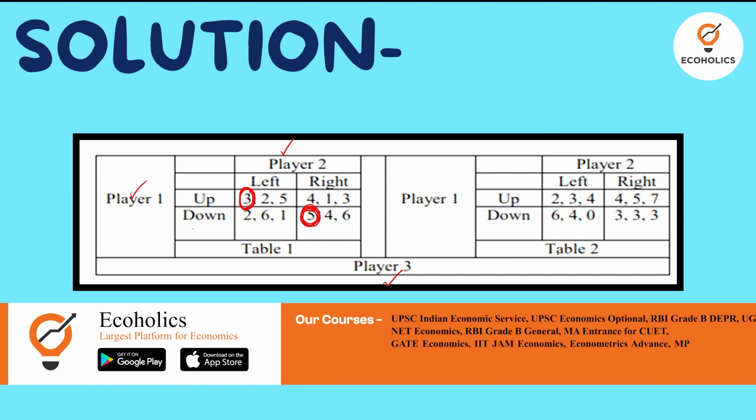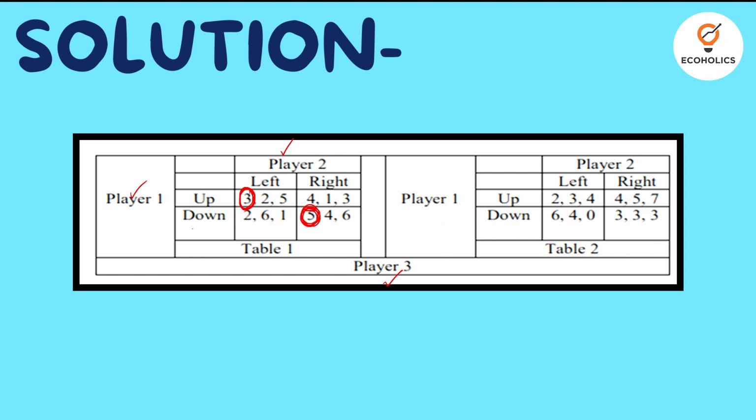You have to look at table 2 also, because player 3 can also go with table 2. If player 2 is given left and player 3 is given table 2, player 1 again has a choice between up and down. Compare the payoffs, 2 and 6. 6 is a better payoff, mark it.